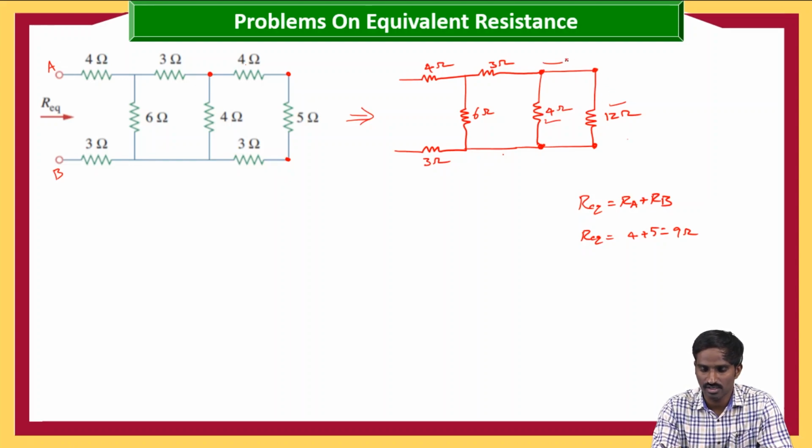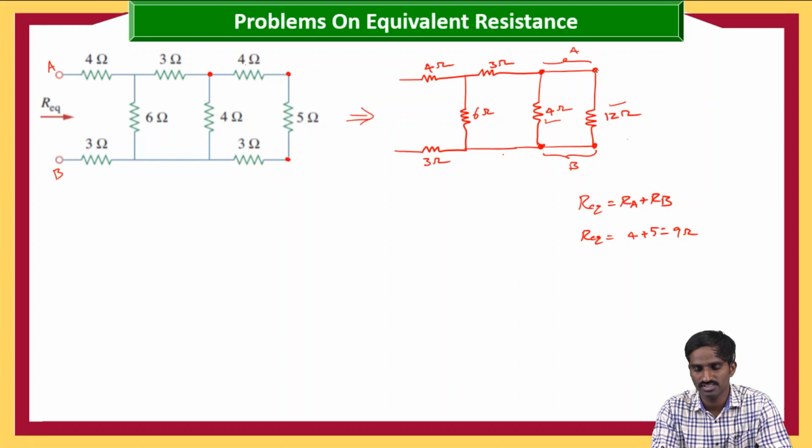Of course, here these two resistors have two common nodes. Let us consider the common nodes, here it is A and here it is B. Don't think this is one common node and this is another common node, because between these two points there is no element. So these two nodes are the same, so combinedly I am just naming it as A, and here it is B. So these two resistors have two common nodes, then parallel.